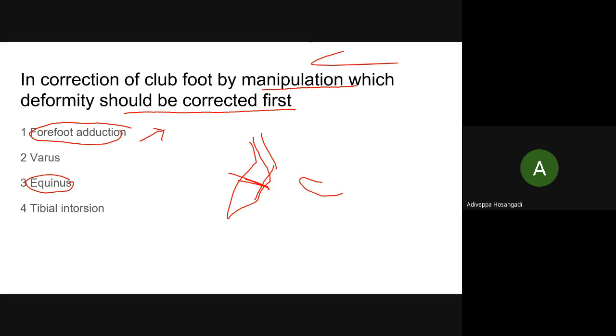So the foot becomes like a rocker bottom foot, a rocking chair. So never correct equinus in the beginning. Equinus has to be corrected always last, and first it has to be forefoot adduction.